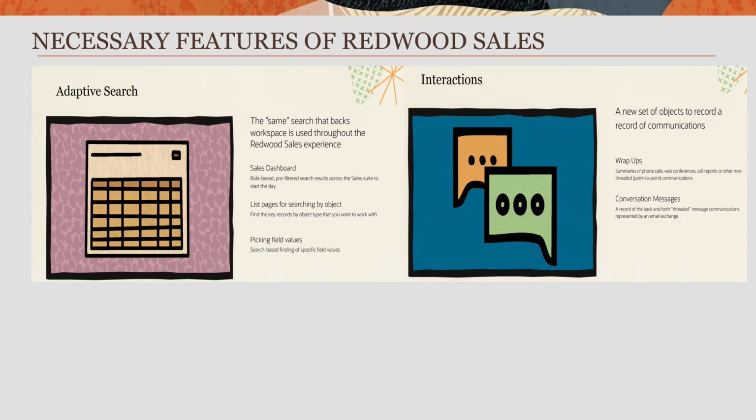All the landing pages or list pages and search capabilities are powered by adaptive search. Redwood Sales uses the same, so we need to enable adaptive search. We don't have any option. We should enable adaptive search, and it's very useful.